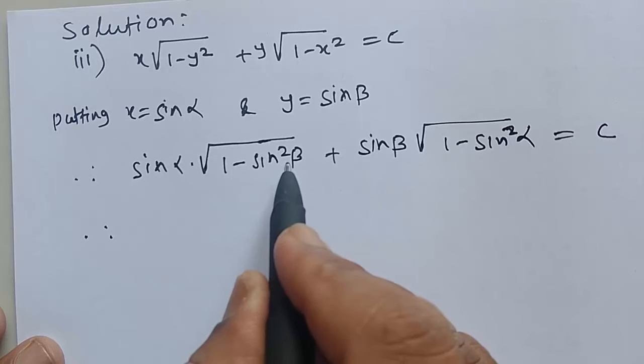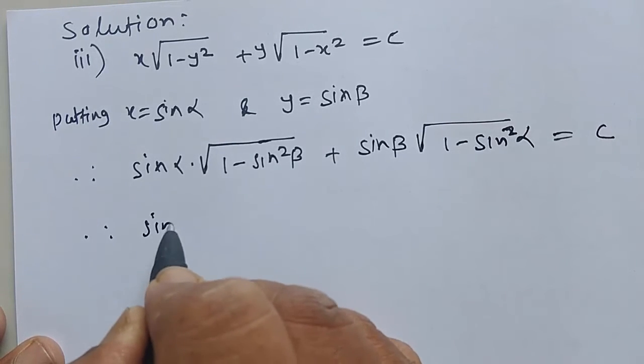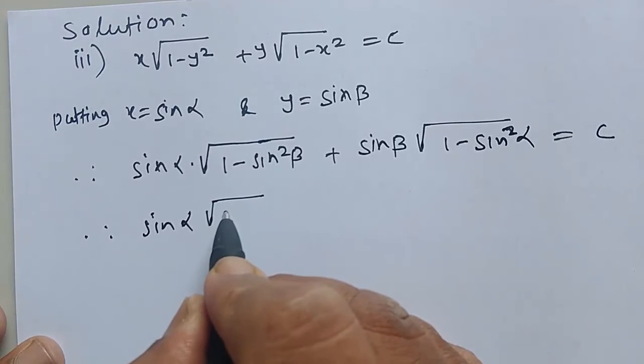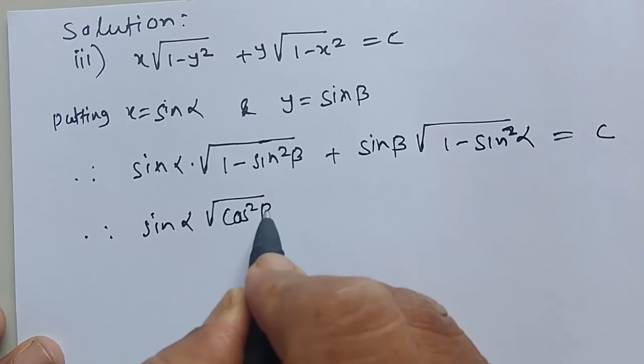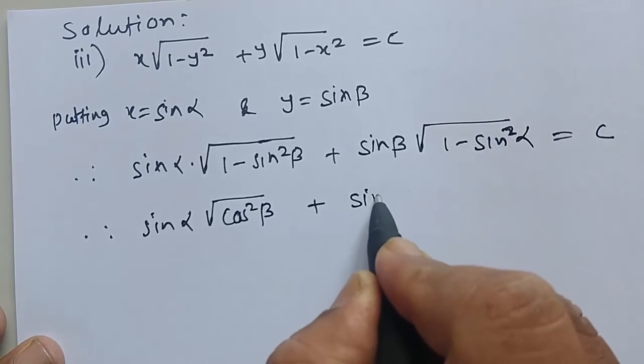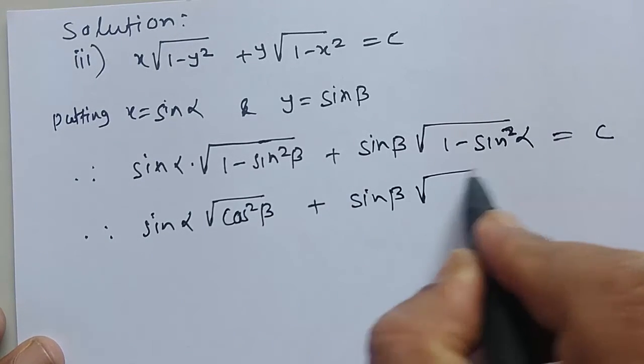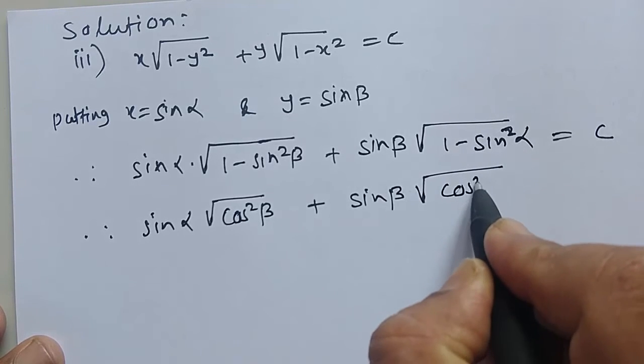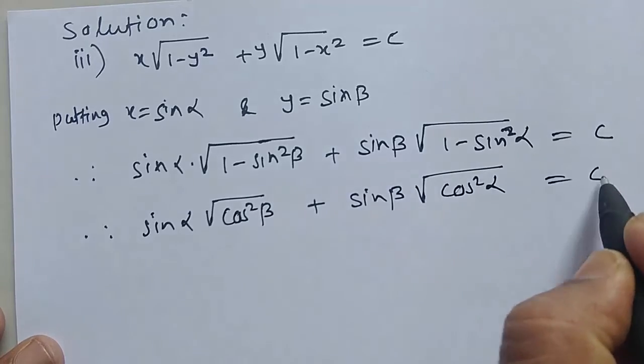Therefore, 1 minus sin square beta is equal to cos square beta by identity first. Sin alpha under root of cos square beta plus sin beta into under root of 1 minus sin square alpha, that is cos square alpha, is equal to c.